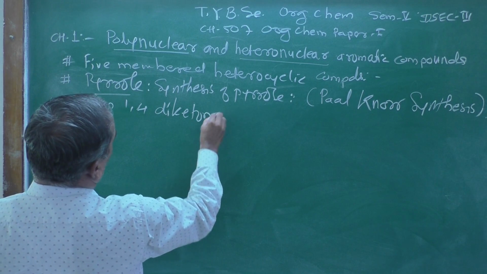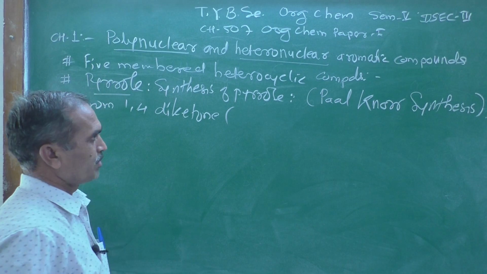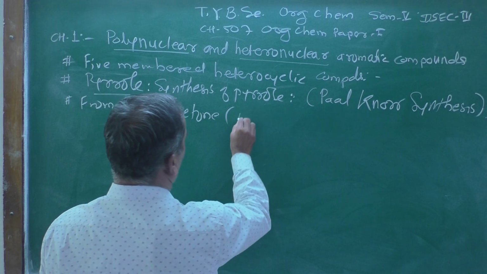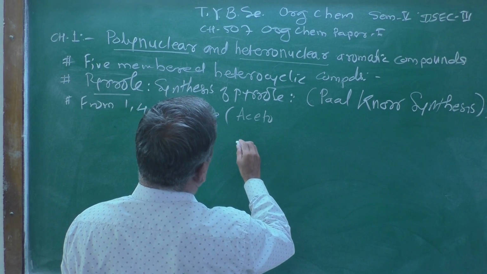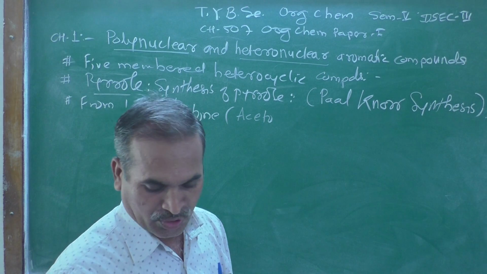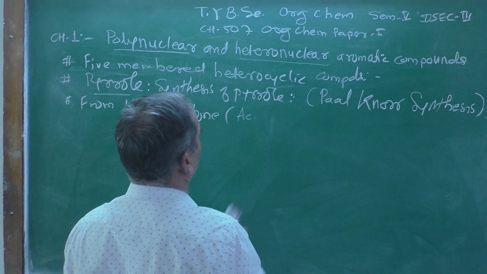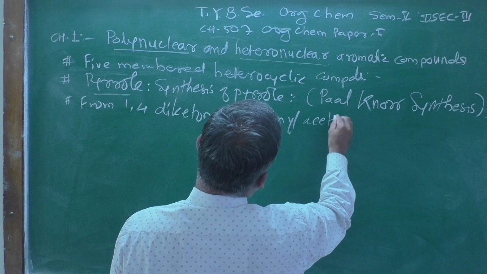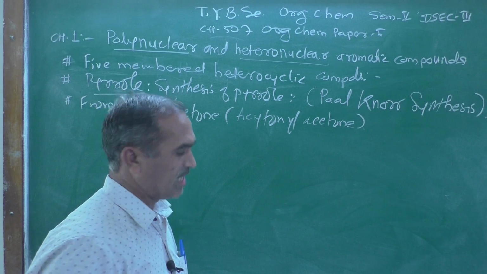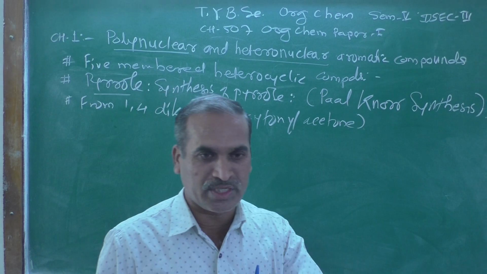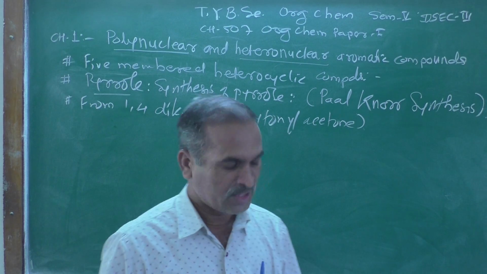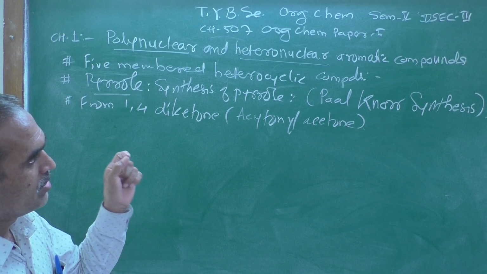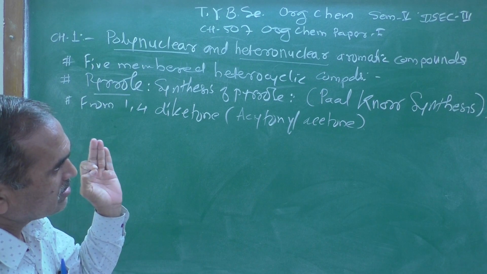Similar to furan, pyrrole can be obtained from a 1,4-diketone, or we can call it acetonyl acetone. Acetonyl acetone can be used as a starting material for the synthesis of pyrrole, which is known as the Knorr synthesis.